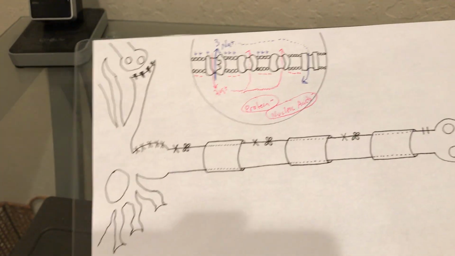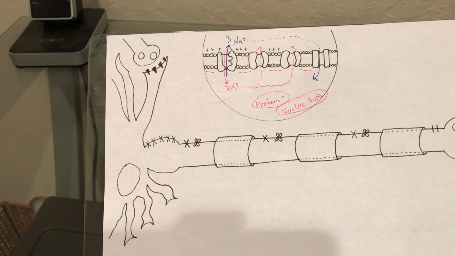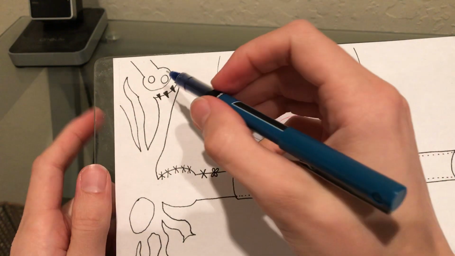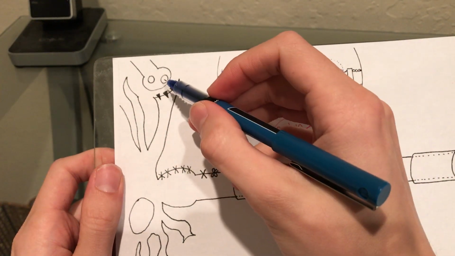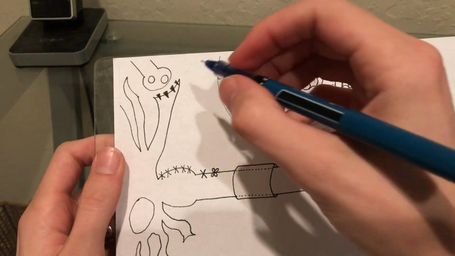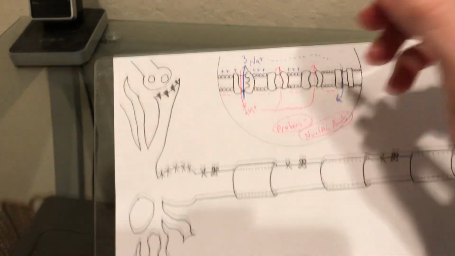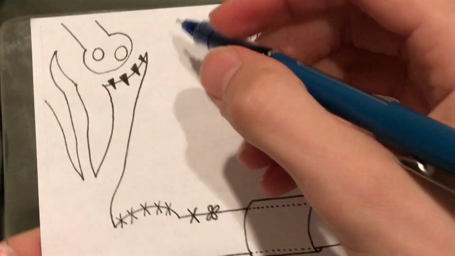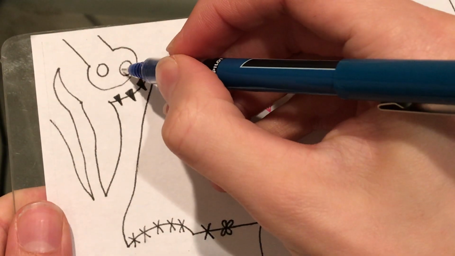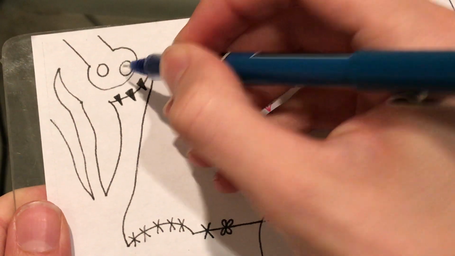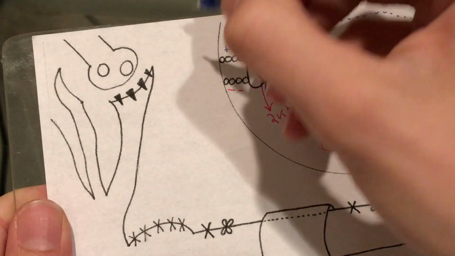Oops, just let me move this. Okay. So step 1, let's start actually with this axon terminal from another neuron. In this axon terminal, and let me zoom in as well. Okay. So in this axon terminal, it has these structures called vesicles filled with neurotransmitters.